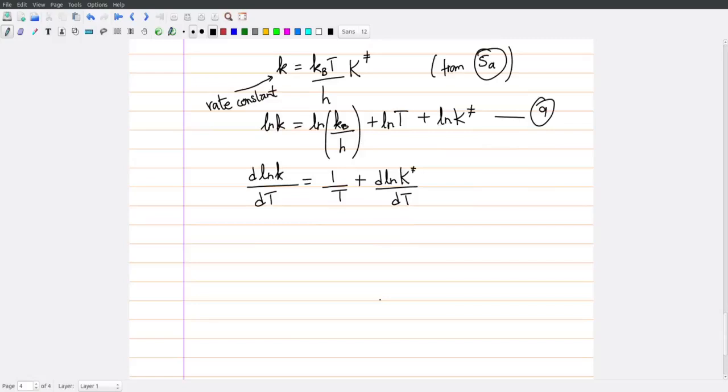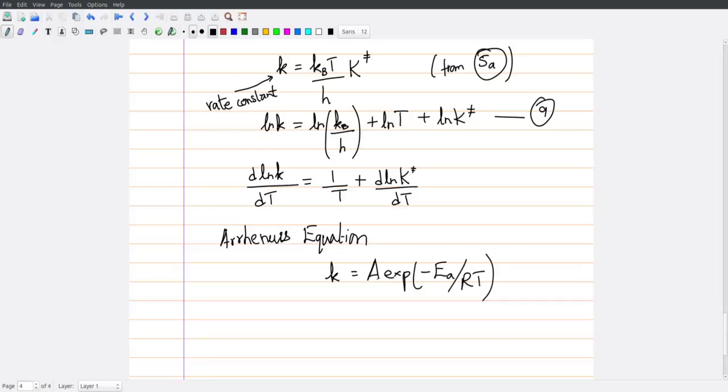Now we know what the Arrhenius equation is. According to the Arrhenius equation, the rate constant k equals A into exponential minus EA by RT, where EA is the activation energy.